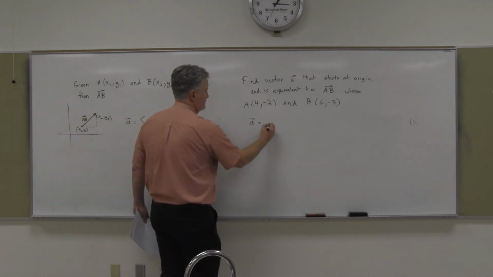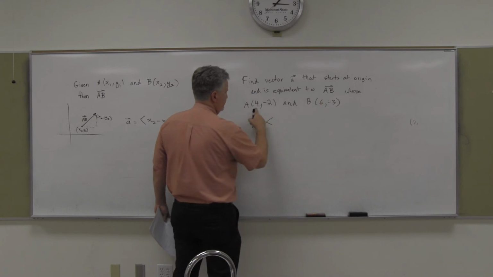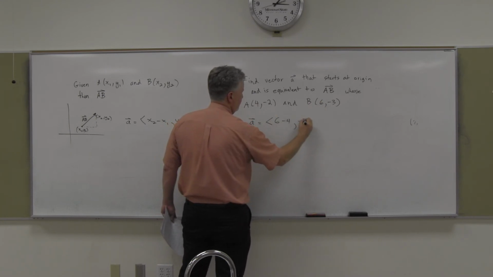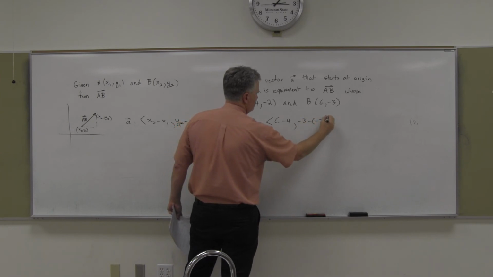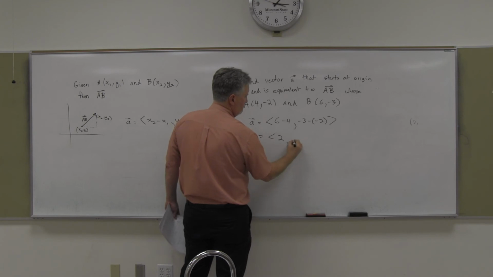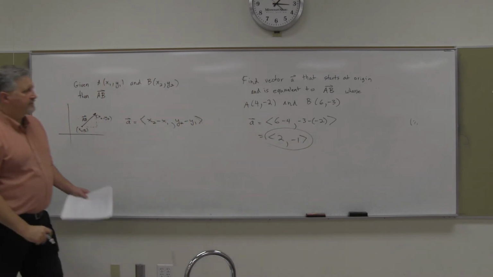Again, to get that vector, you just take the difference of the x's and then the difference of the y's. So that would be 2, -1, the equivalent vector there.